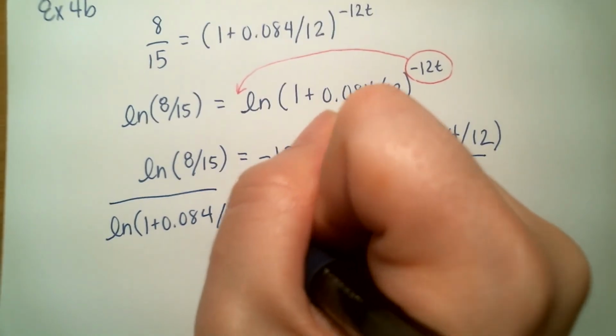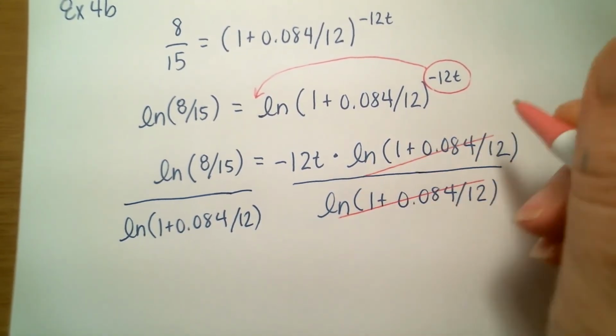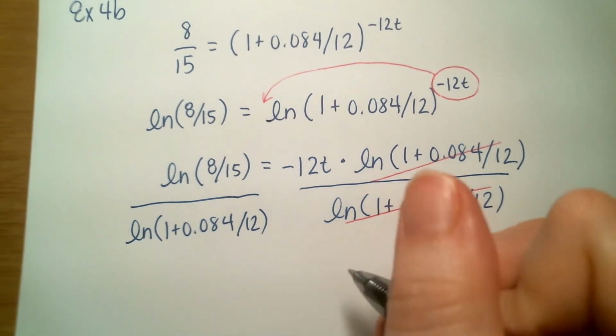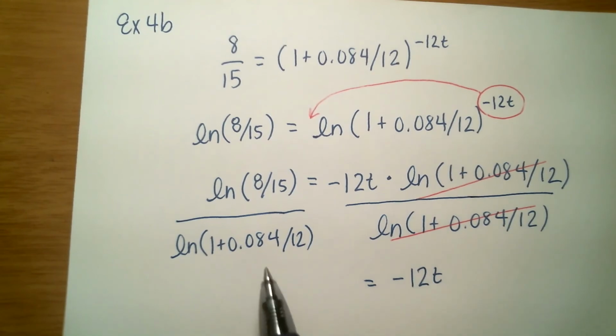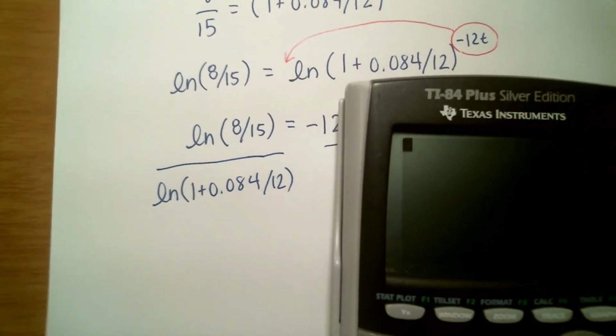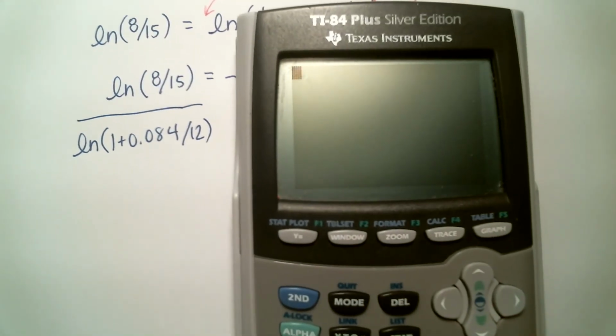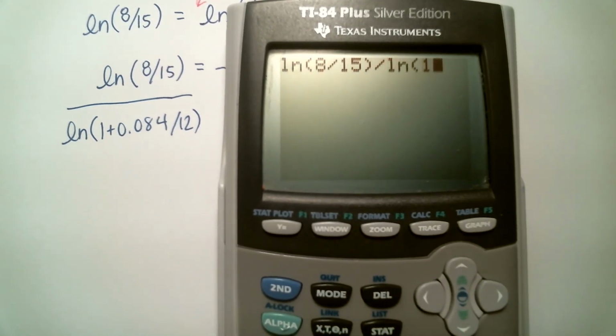All right, so here we go. On the right, these guys will cancel. So we're going to get negative 12t is equal to this stuff. I'm going to go ahead and punch that into the calculator to see what I get. Okay, let's see what we get. We're going to get natural log of 8/15 divided by natural log of 1 plus 0.084 divided by 12.